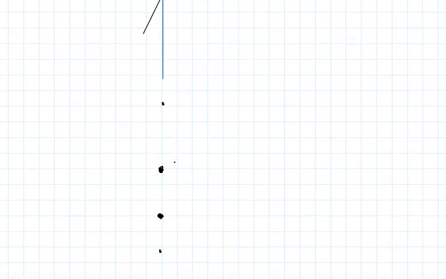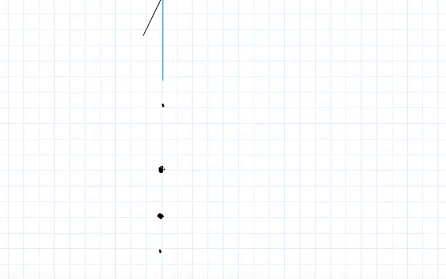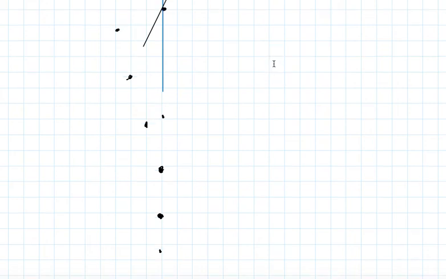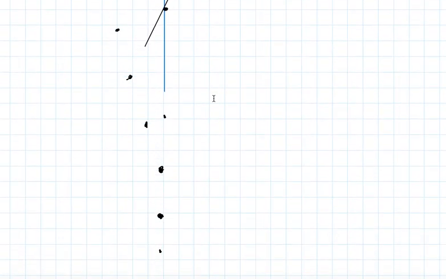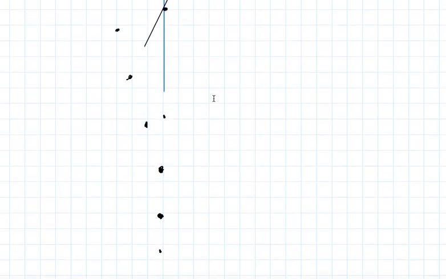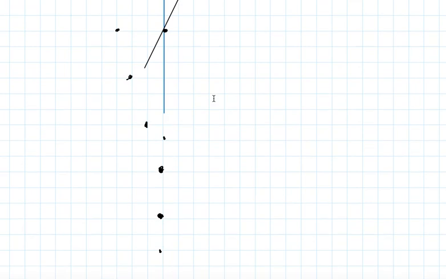So if this is my 12, yeah, 2, 3. Oh, that's so weird. It's like moving the wrong, I don't know. Okay, well, I'm just gonna keep going here.